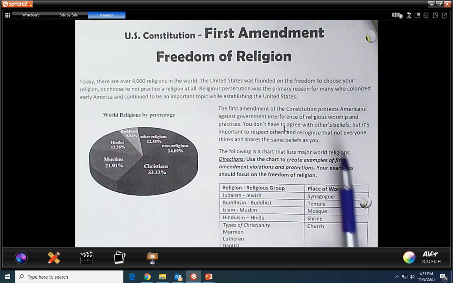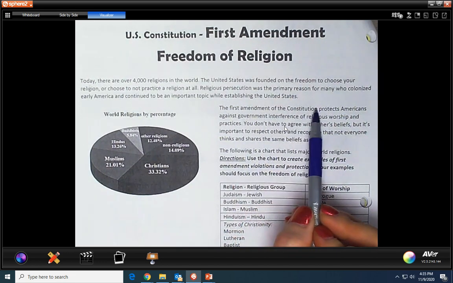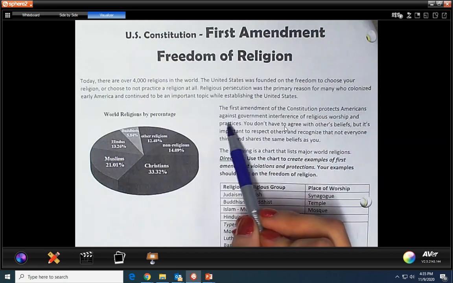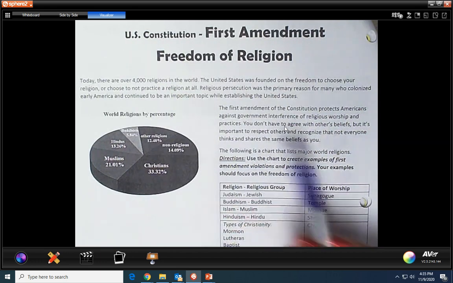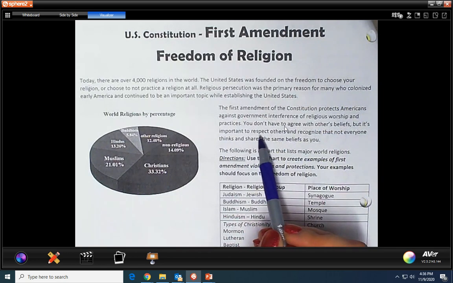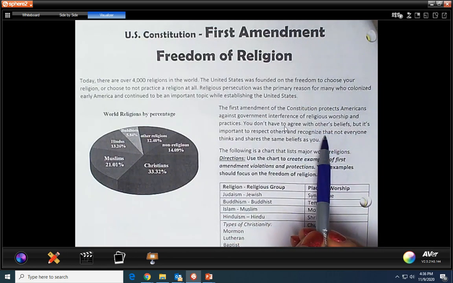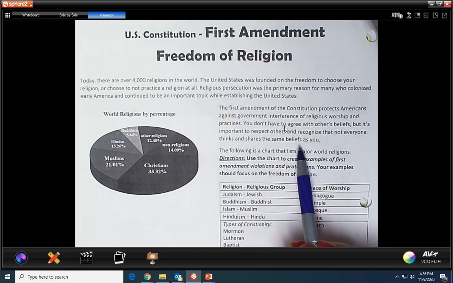The First Amendment of the Constitution protects Americans against government interference of religious worship and practices. You don't have to agree with others' beliefs, but it's important to respect others and recognize that not everyone shares the same beliefs as you.